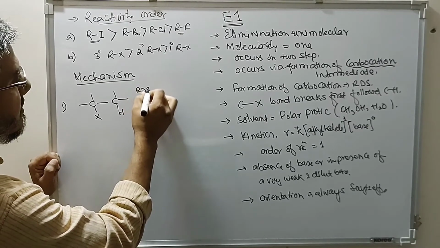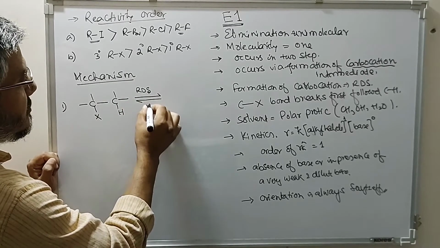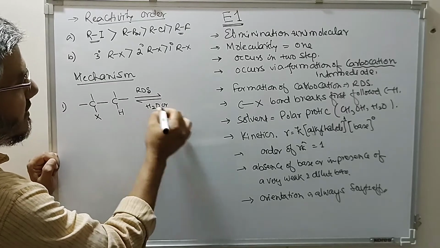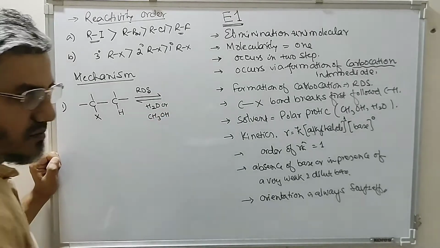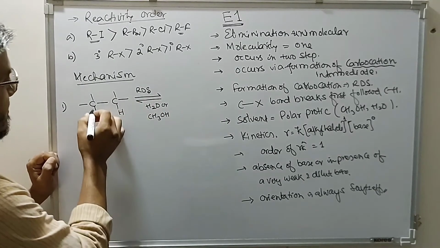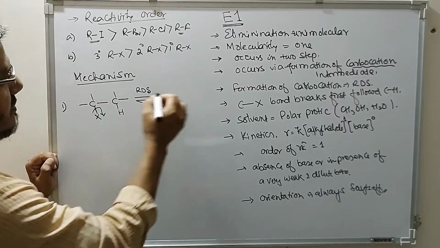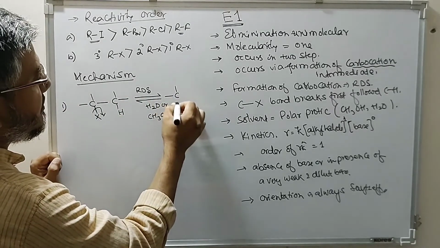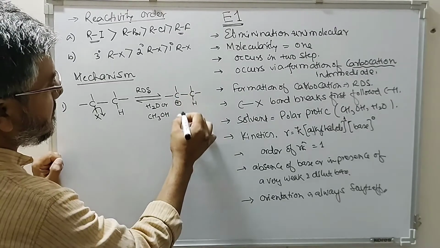This is RDS, and the reaction is carried out in the presence of a polar protic solvent or methanol. When we look at this, the C-X bond breaks first, resulting in the formation of a carbocation.